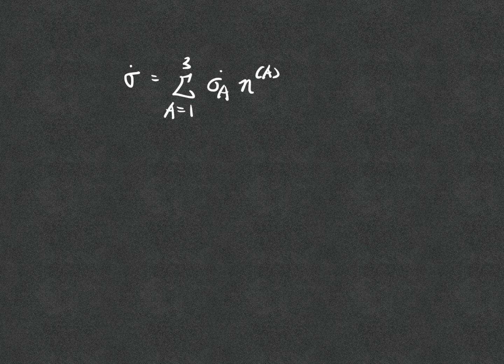Now, in order to write it in incremental form, I need to introduce the spin term. The stress and strain relationships, written in the spectral directions, are actually almost identical.